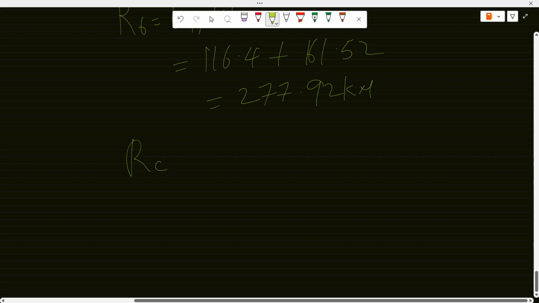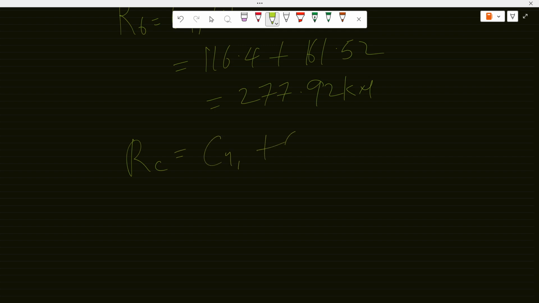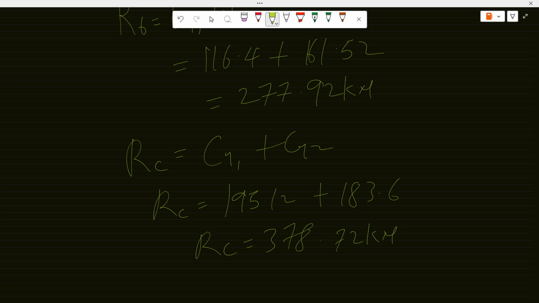RC is equal to CY1 plus CY2, which is 195.12 plus 183.6. RC is equal to 378.72 kilonewtons.